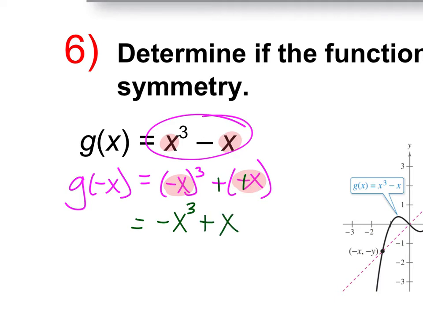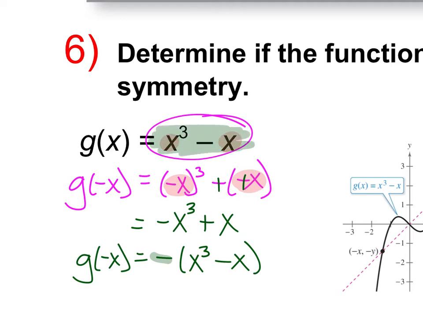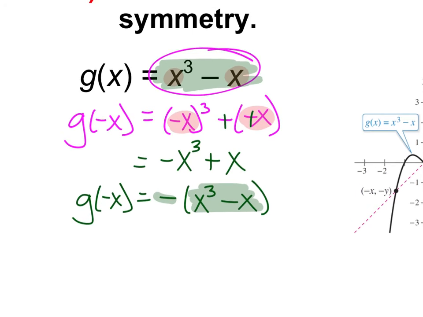Now to compare that, I'm going to factor out a negative. So this would be a negative and then x to the third minus x. And so what we have here is g of negative x is the negative version of the original, x to the third minus x. So this is saying that g of negative x equals negative g of x.